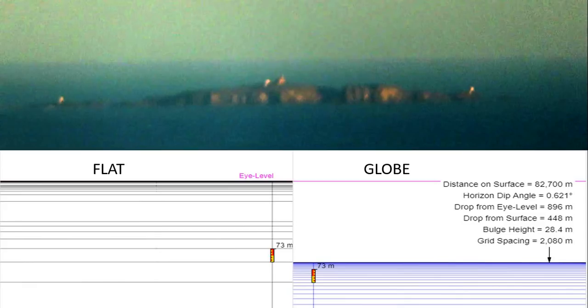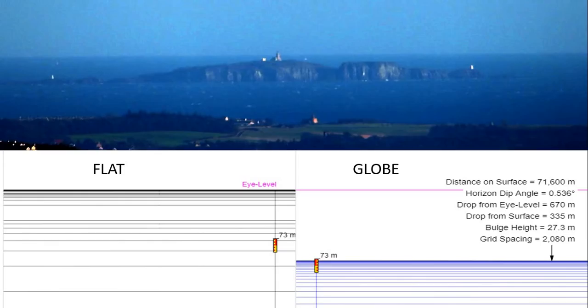So once again, we have observations that match the globe Earth predictions precisely, but do not match the flat Earth predictions at all. I would say that, again, we have proved using observations of reality that the Earth cannot possibly be flat, and that it may well indeed be spherical.